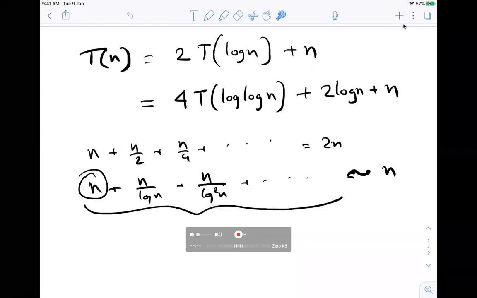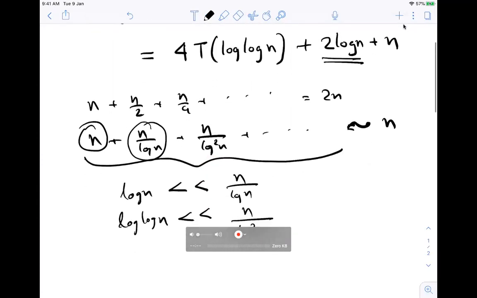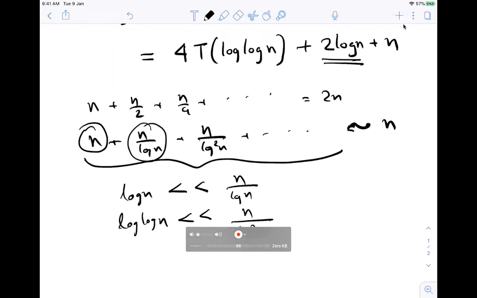But what I'm trying to say is that this log n is way smaller than n/log n, and in fact log n is way smaller than n/log² n. If you apply log some k times, you see that this is way smaller than n to the power of something like 2k.